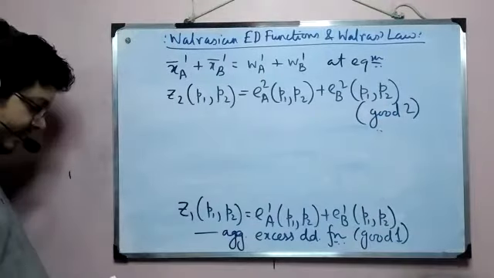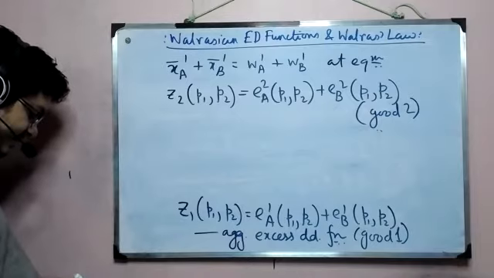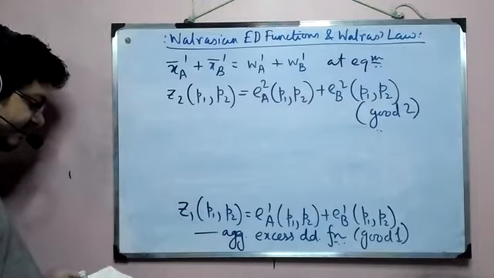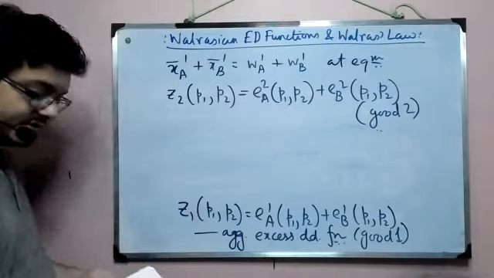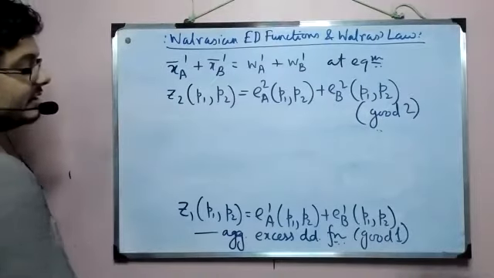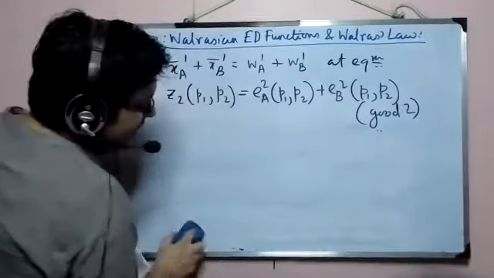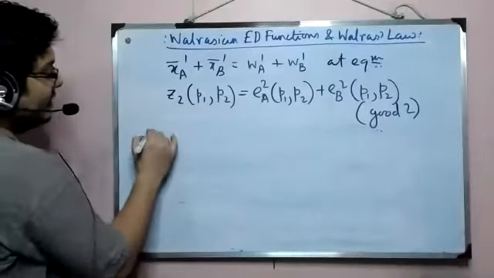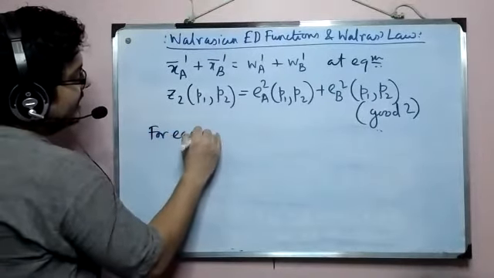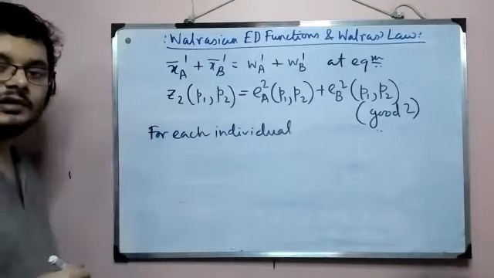Okay. Now, just to construct a different kind of equation, because we want to understand something else also, let's construct them by individuals, in the sense that here we have for each good, let us construct the same thing for each individual. For each individual, we said that at equilibrium, utility must be maximized.